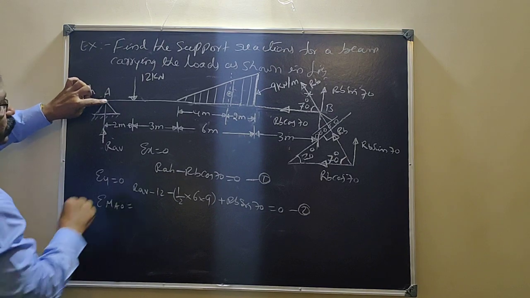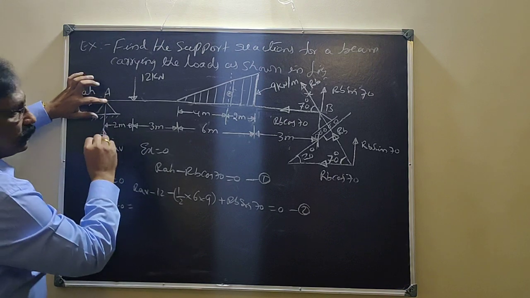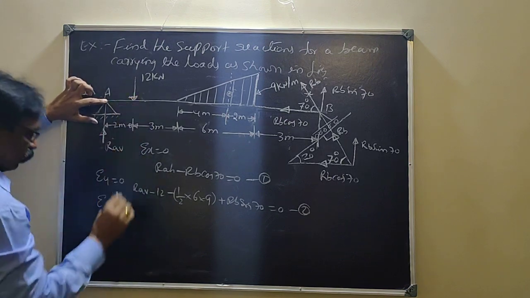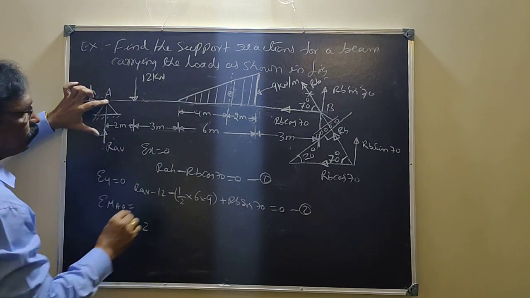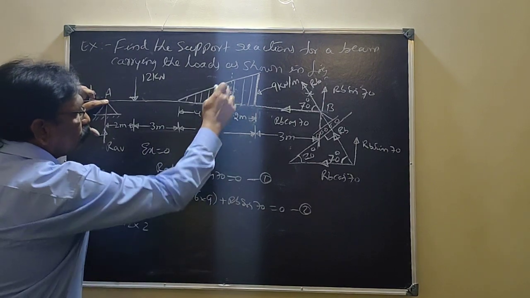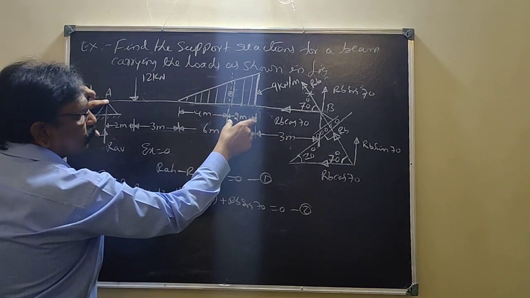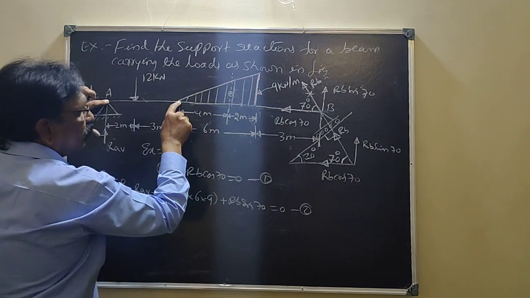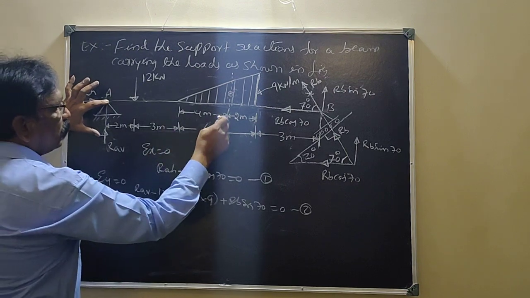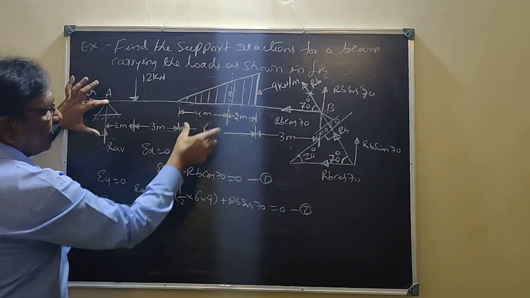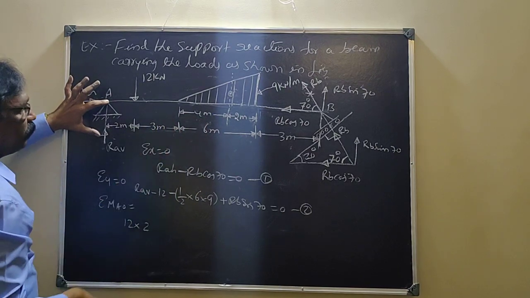The other causing moments are the 12 kilonewton total load and RB sine 70. Now this 12 into 2 causes clockwise moment, so it is plus. The total weight is assumed to be concentrated at the center of gravity. The center of gravity of the triangle is 2 meters from this base, and the vertex is 4 meters from this side. So the distance from here to here is 4 plus 3 plus 2, which is 9 meters.